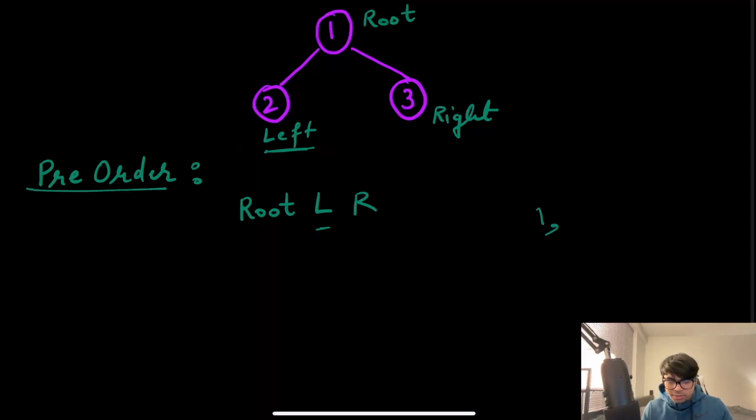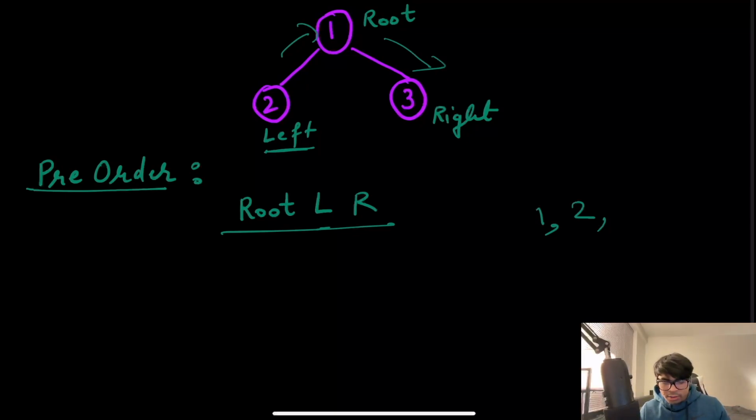Then it's going to process 2. It will try calling on left and right, but they're empty. From the base condition, they'll return back to our root, but root is already processed. Now it will call on the right child or right subtree. So I think it's very simple if we are doing it recursively.